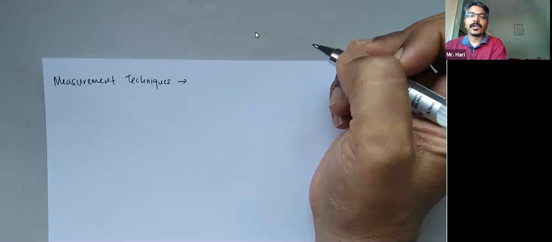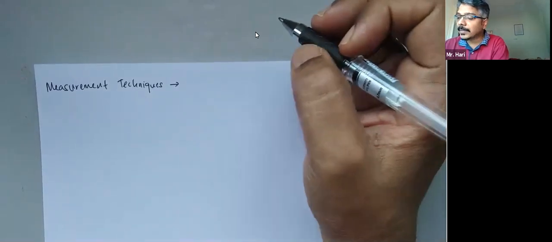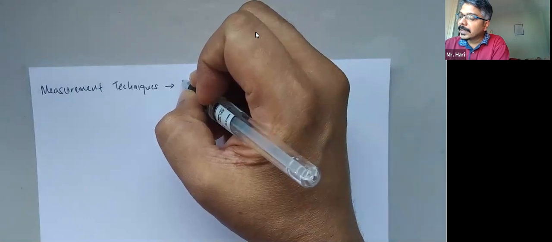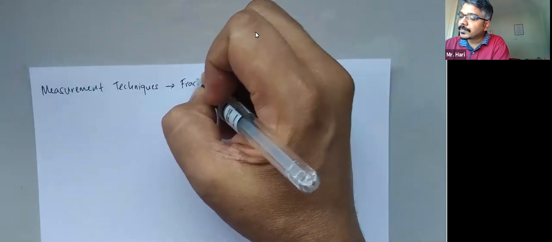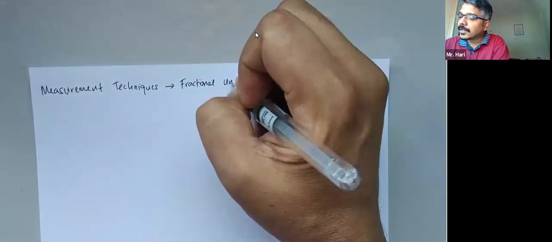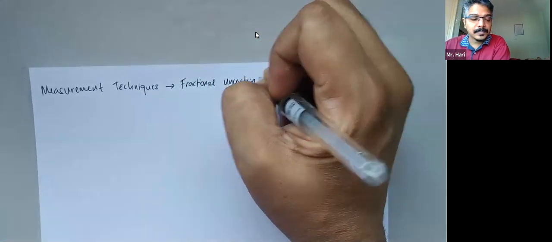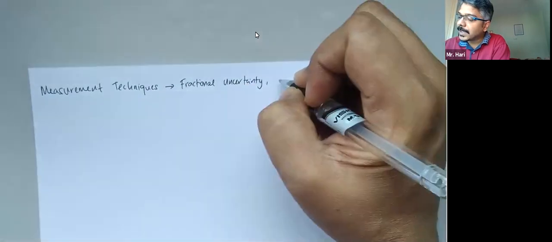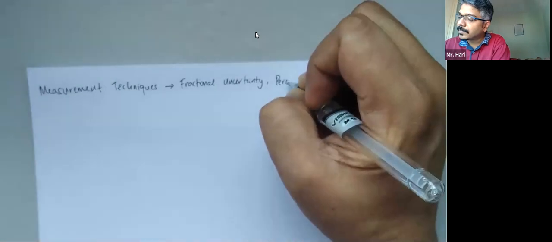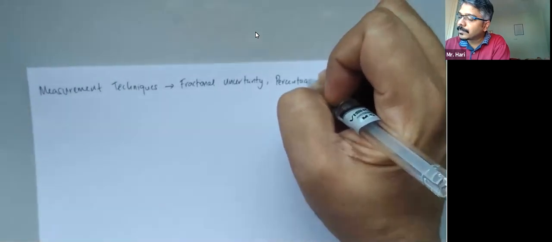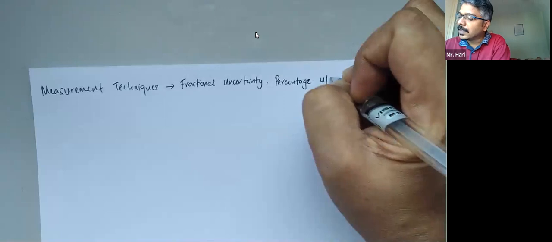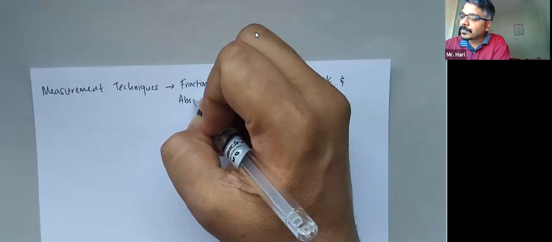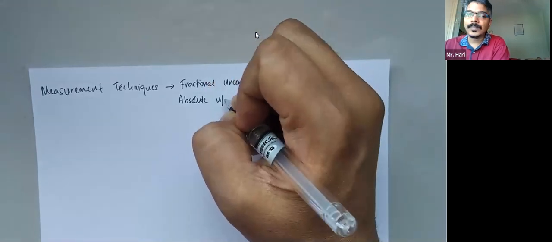Okay, we're going to find out how to calculate the fractional uncertainty, percentage uncertainty, and the most important, the absolute uncertainty.